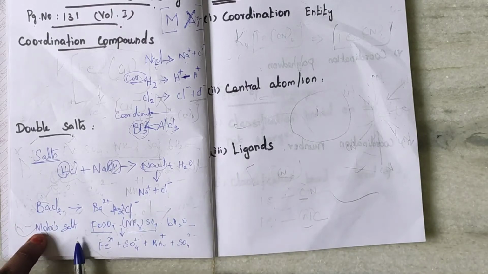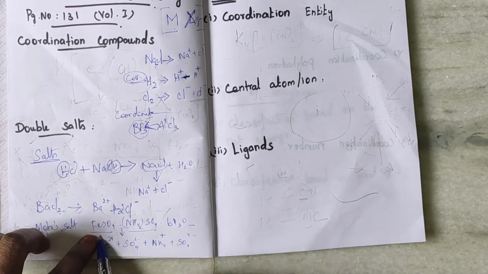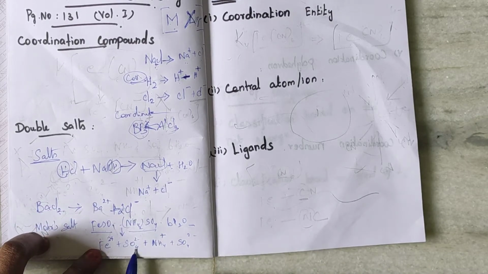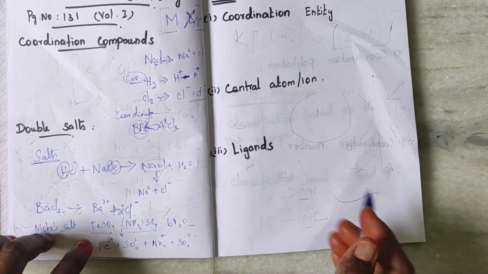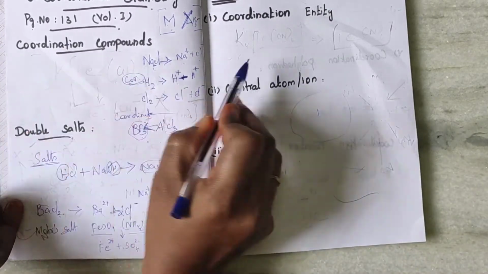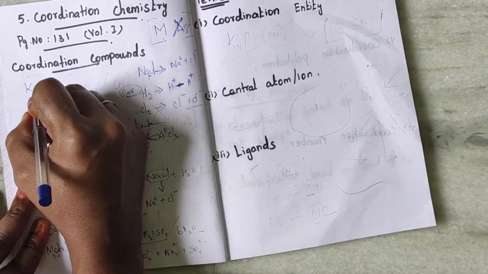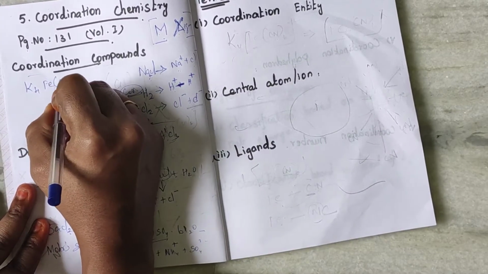But the double salt dissociates and gives its own constituent ions, with 2 cations and 2 anions. Okay. Next we go to the study of coordination compounds. Coordination compound, for example, K4[Fe(CN)6].